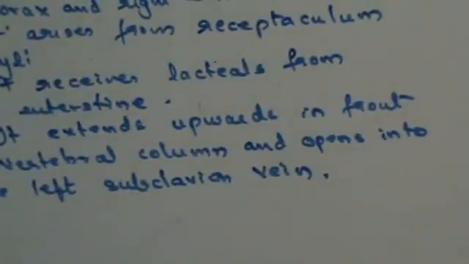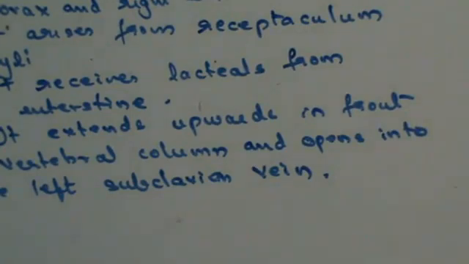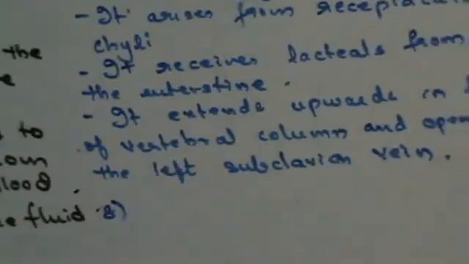That is my thoracic duct. Where is this subclavian? It is near your inferior vena cava. Okay.